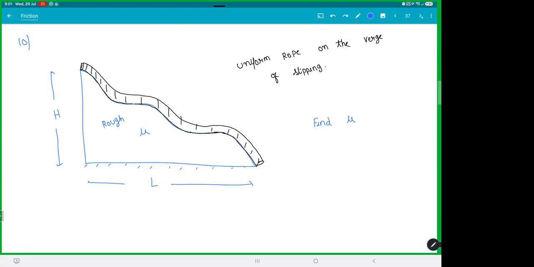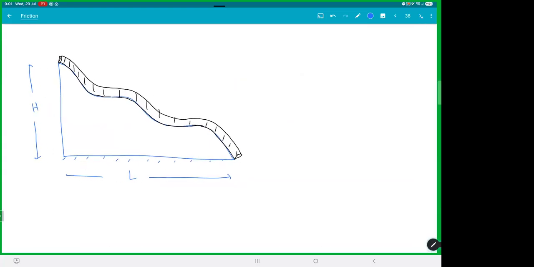So how do we do this? Yeah, h by L is the answer. We know the answer, so listen to this. Whenever we have something weird like this, we always start with a small slice. So take a small slice somewhere here, ds. Let's draw the FBD of the small slice. We can treat it like a small incline. This theta is variable. Theta is changing every instant.